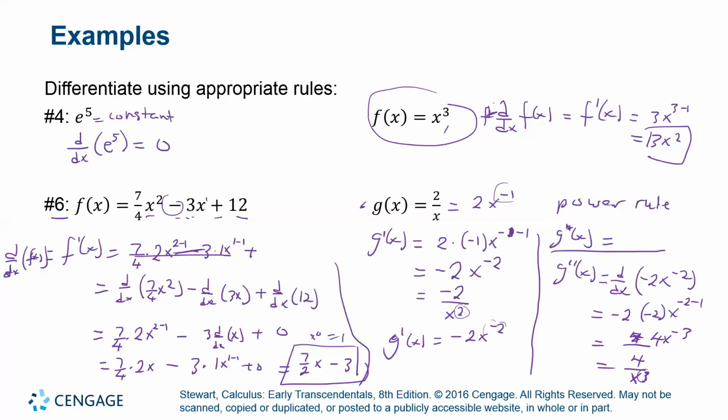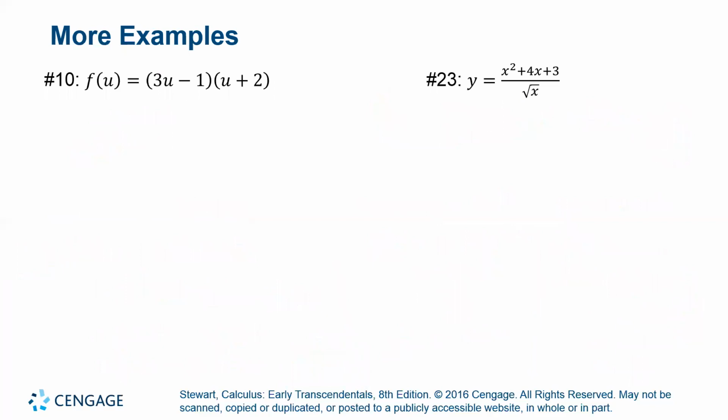Now, let's talk about the derivative of the exponential function. I have some other examples before that. Now, this is exercise number 10 in the textbook. So to differentiate this, please, I know some of you are thinking, oh, I'm going to use the product rule, which we will come to in section 3.2.